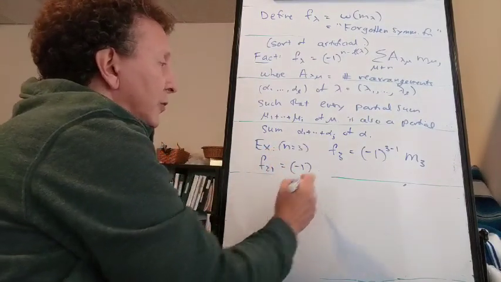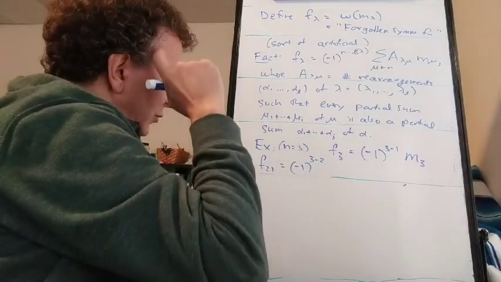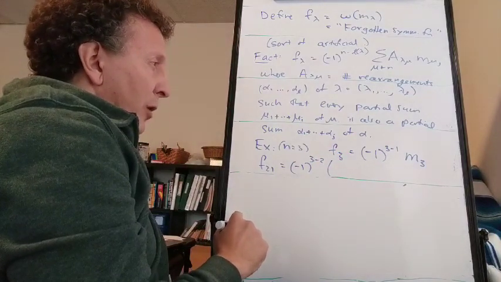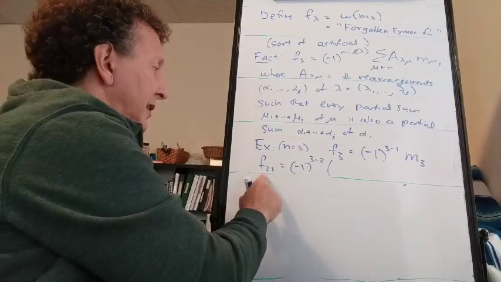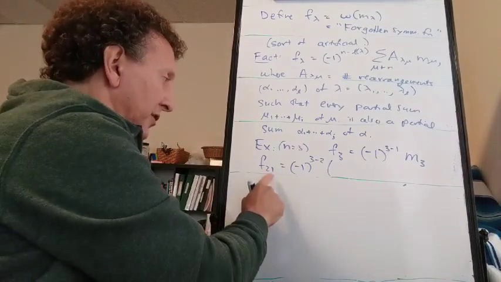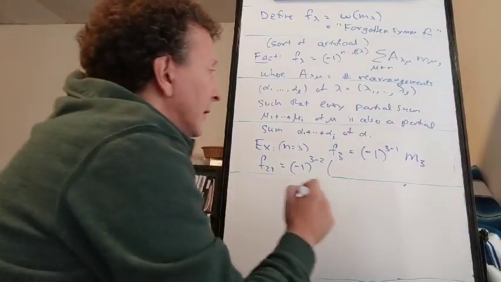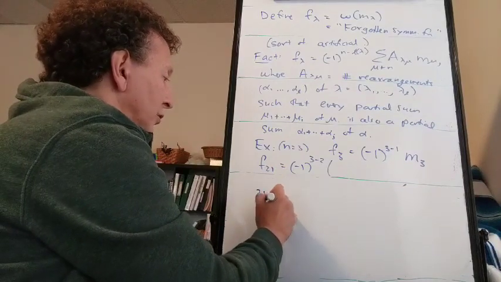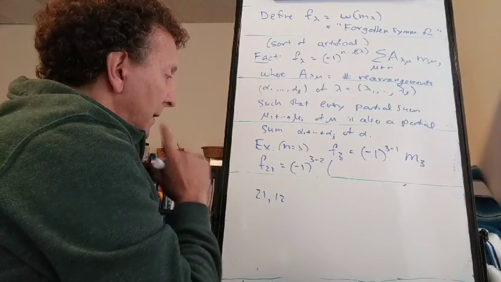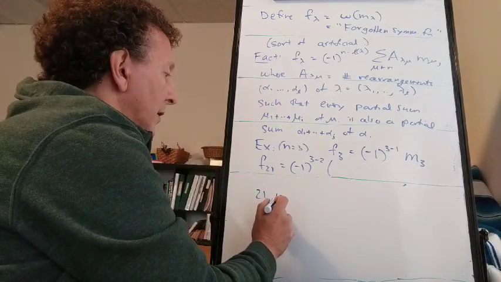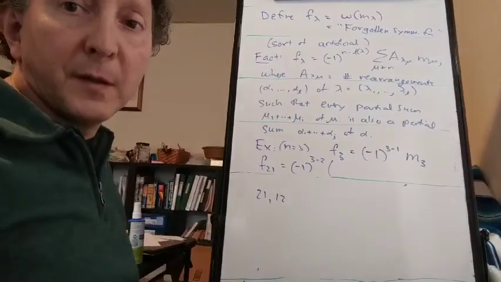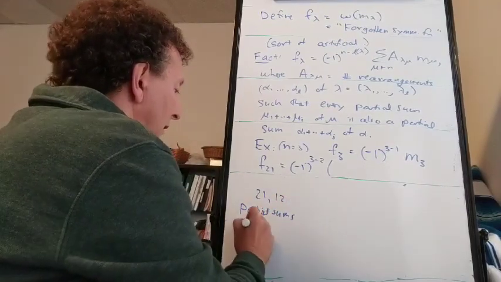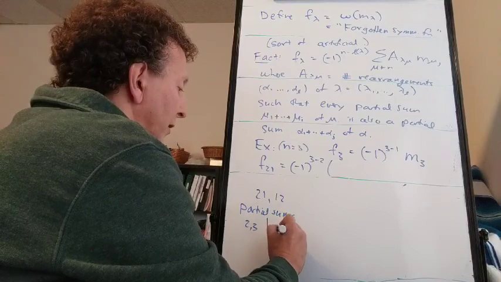And then f21 equals -1 to the 3 minus 2, because there's two parts of 2, 1. We won't have m111 appearing because the partial sum 1 is not a partial sum of 2, 1. Our only partial sums here are 2 and 3. And there's two rearrangements of 2, 1: 2, 1 and 1, 2. Our partial sums are 2 and 3 for the first one, and 1 and 3 for the second one.